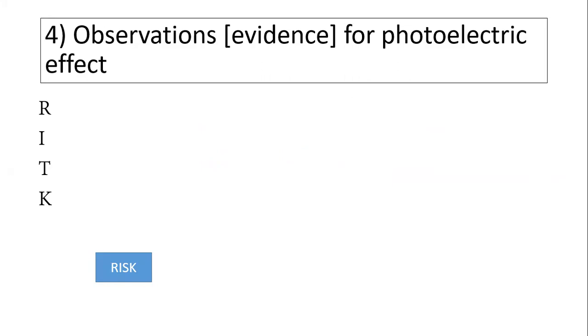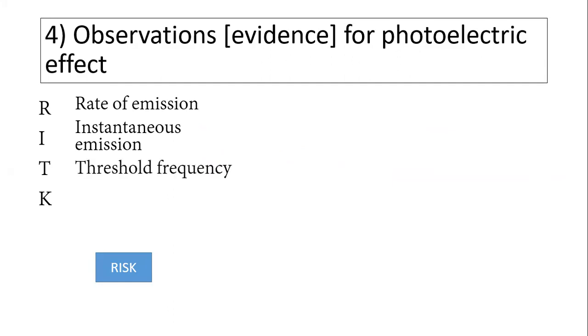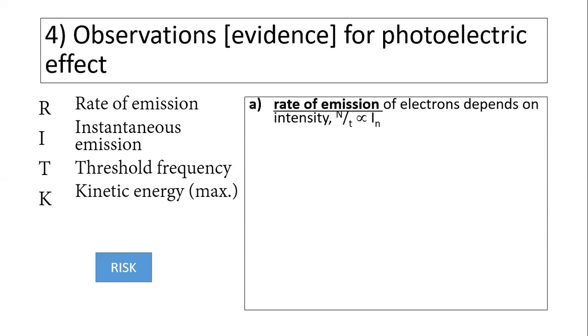R is for rate of emission. I, instantaneous emission. T is threshold frequency. K is what? K is kinetic energy. Usually it's maximum kinetic energy. Rate of emission of electron depends on intensity.